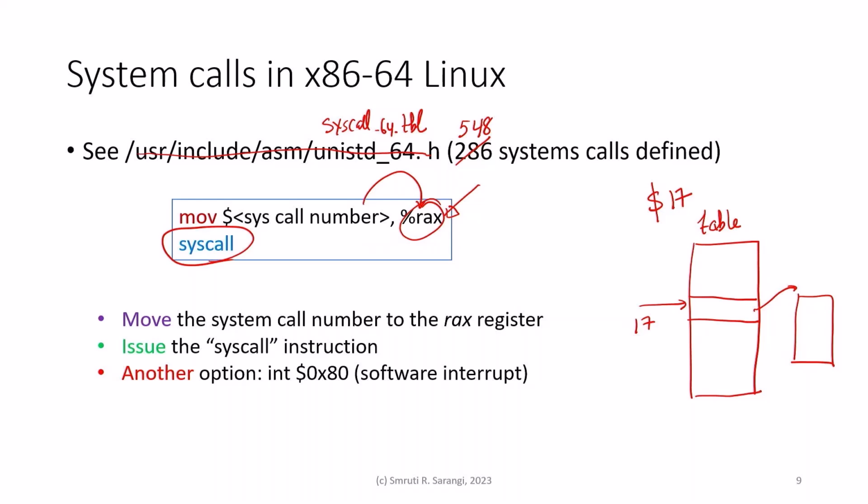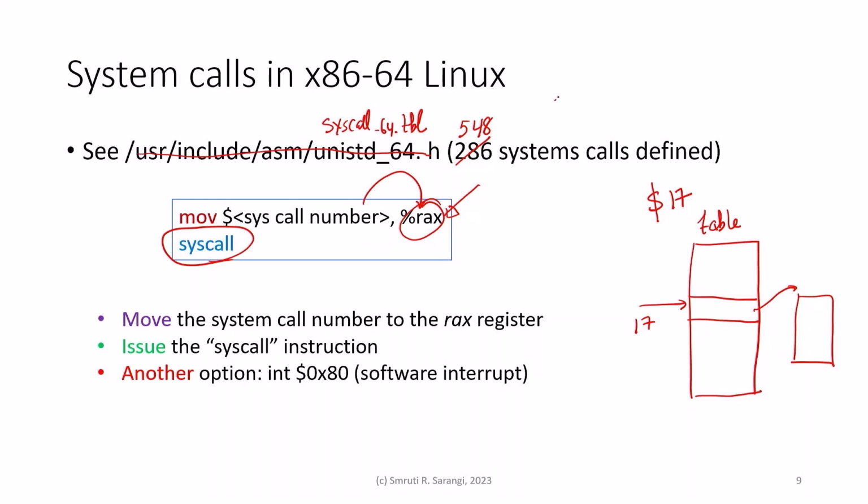What is a function pointer? It is a pointer. A pointer is an address. If it's a 32-bit system, it's a 32-bit address. If it's a 64-bit system, it's a 64-bit address. A pointer is a memory address.